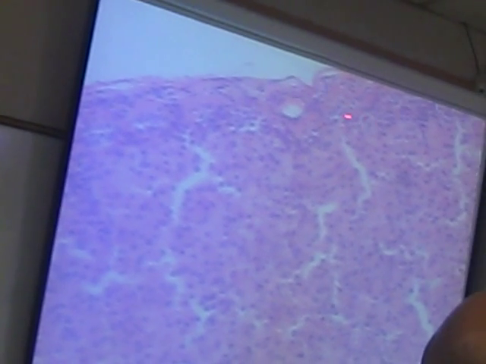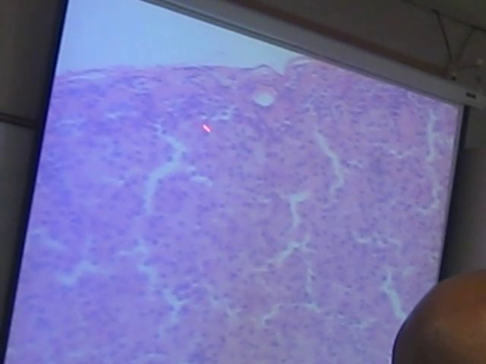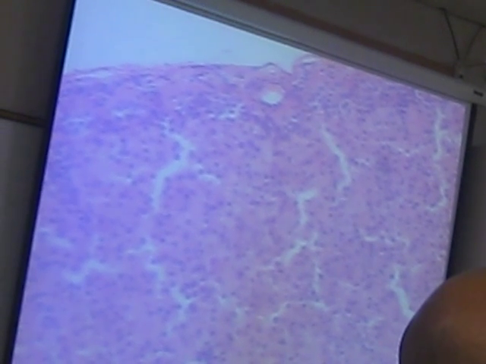Now from about right here down, you're going to notice the second layer, which is our zona fasciculata. I'm down here on low power again. And you see the zona glomerulosa here, and then this region is all our zona fasciculata. And this one, like I said, is a hard slide to differentiate and a hard slide to look at.